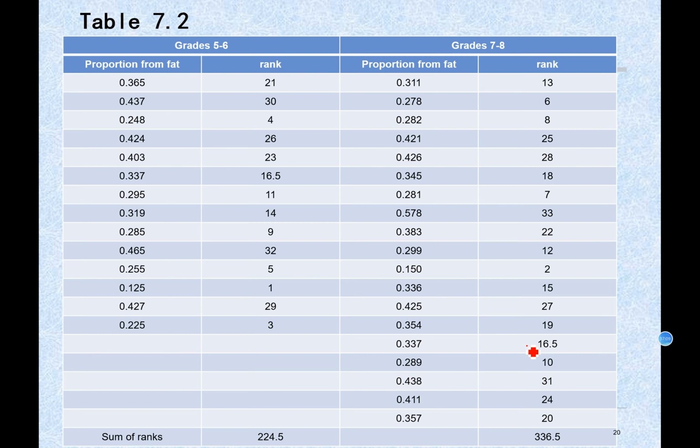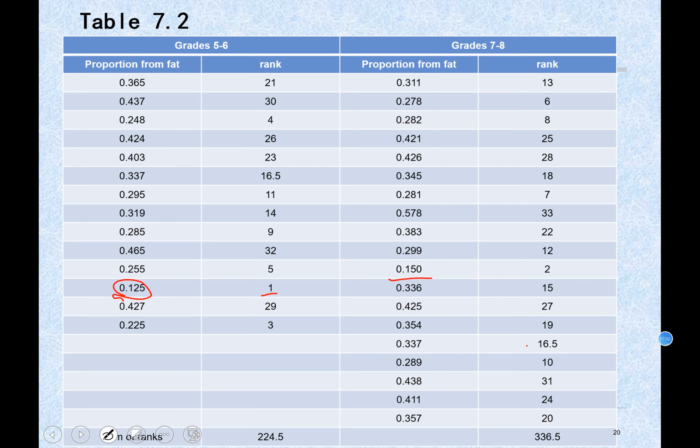So let's find it. Which one is the smallest? Here, this is the smallest number, so its rank is 1. And the second one is here, 0.150, so its rank is 2.